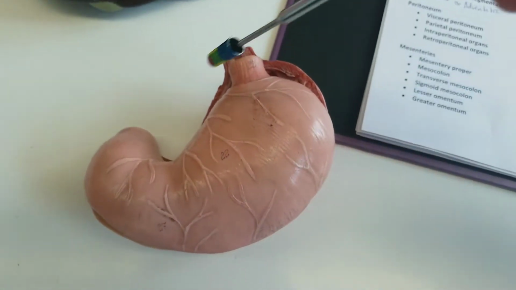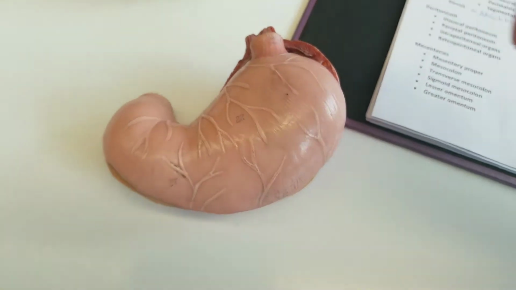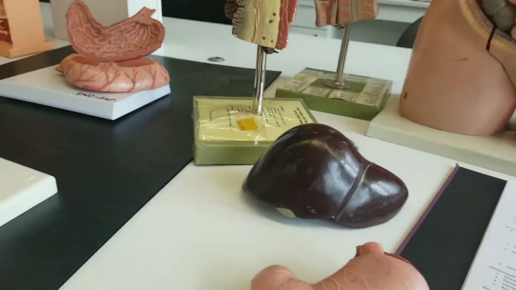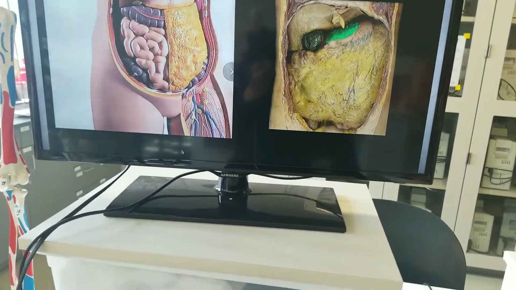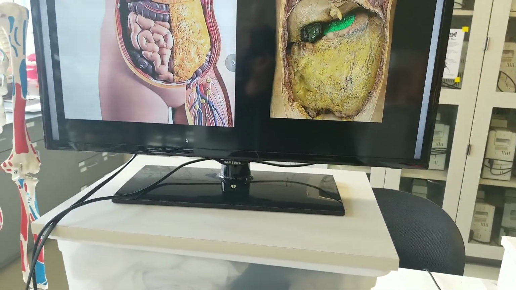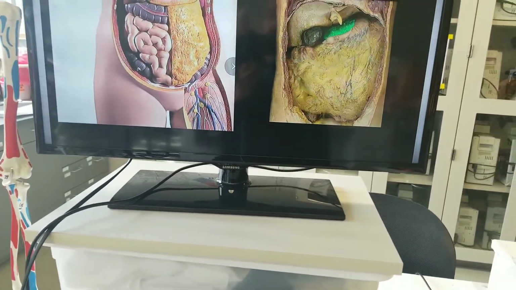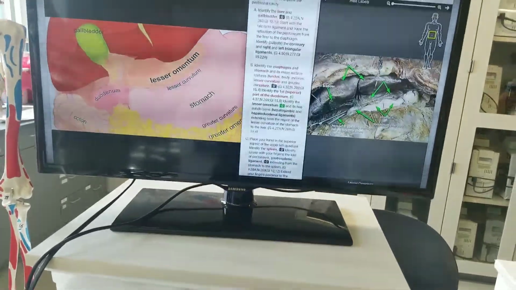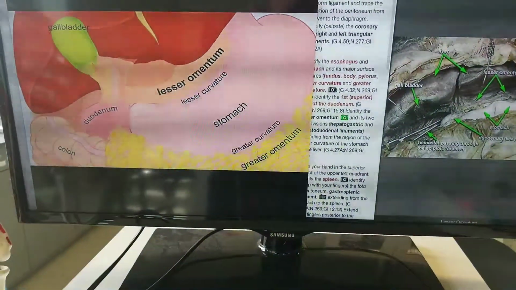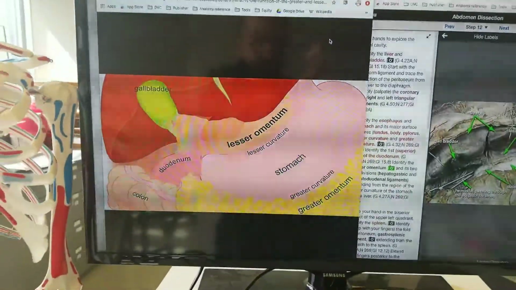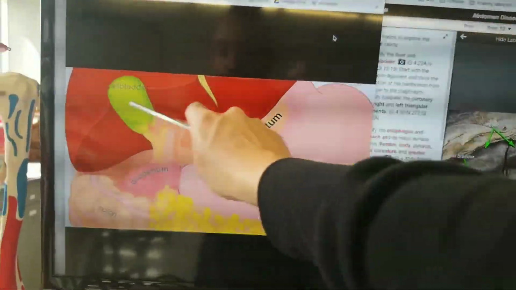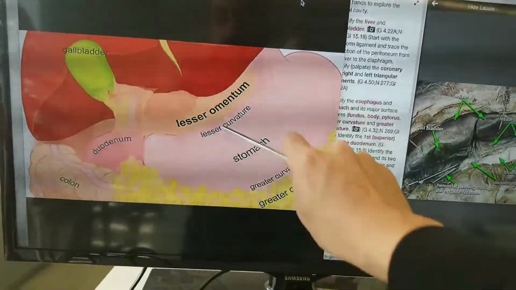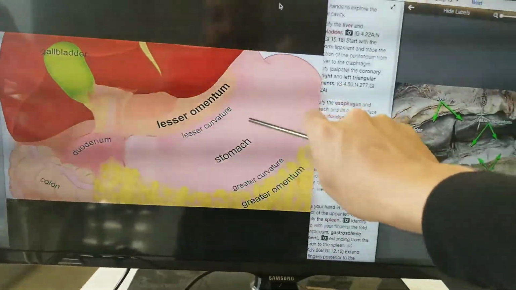Lesser because in terms of the stomach, this is the lesser curvature, and I have an image here that you can see. If I can find my mouse. Here is a diagram, sorry for the resolution, but here's the liver, here's the stomach, and there's this connection here. That's the lesser omentum.